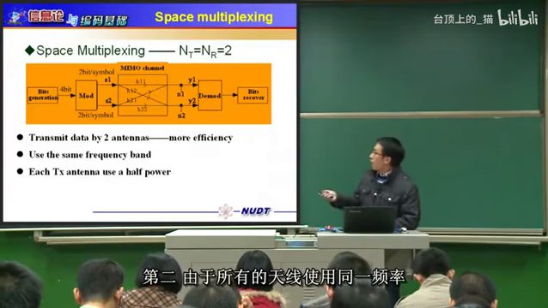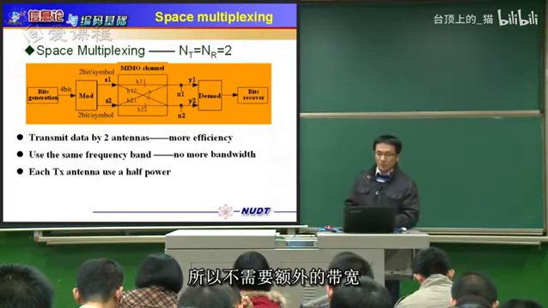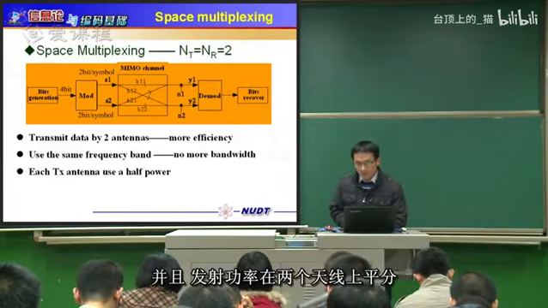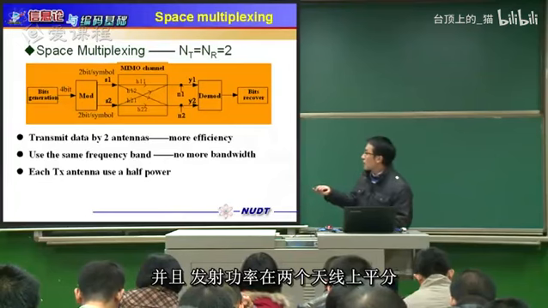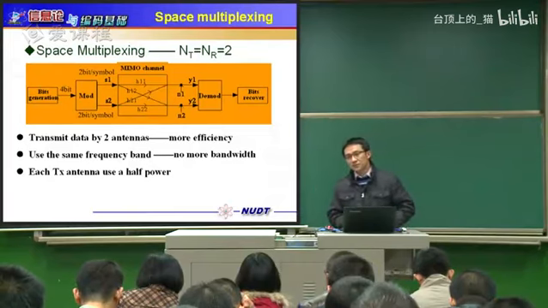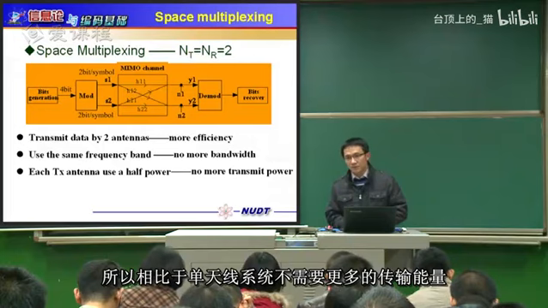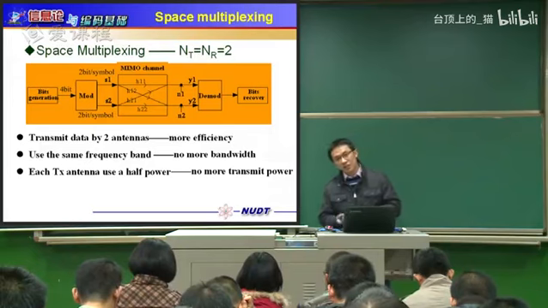And also, all the antennas use the same frequency band, so no more bandwidth is required. Okay? And also, each transmit antenna just uses half of the power, so no more transmit power is required compared with that of the single antenna system.